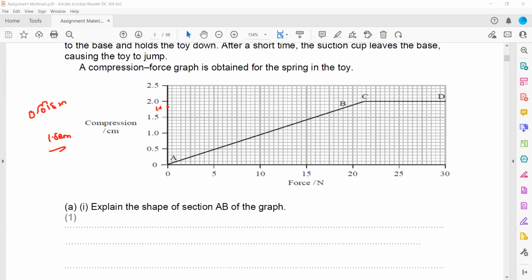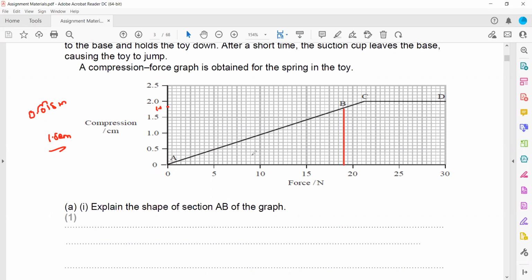So we have to calculate the area under the graph for 1.8. When it is 1.8, how much is the force? This is the force, which is 18, or each box is 0.5, so it's 19 here.